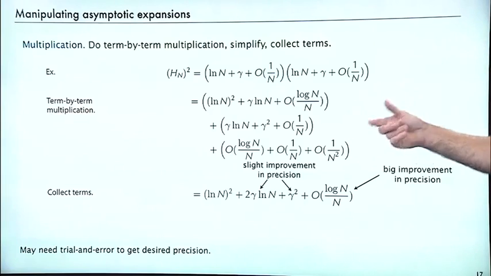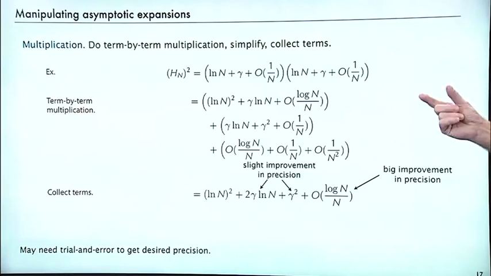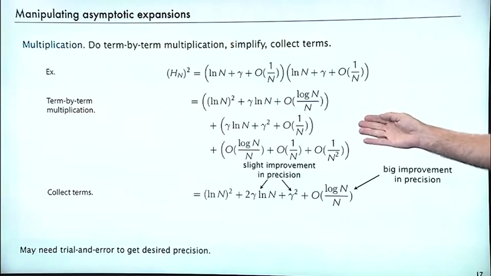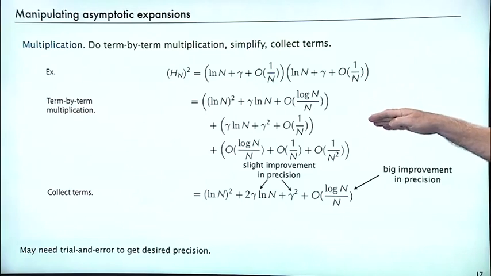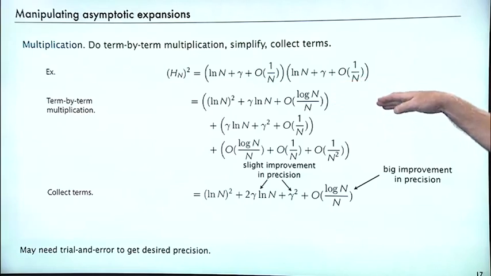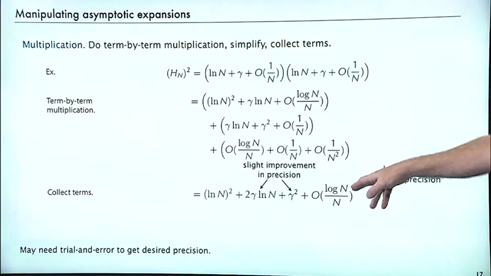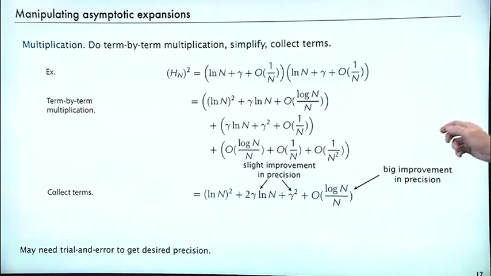So log n squared and 2 log n, they're not that far apart. So it seems like we're going to need those. And then gamma squared is a constant, but log n is a small integer. It's only a slight improvement in precision to carry on those terms. And so we're probably going to want those terms. But when we get it divided by n, that's when we have a huge improvement in precision.